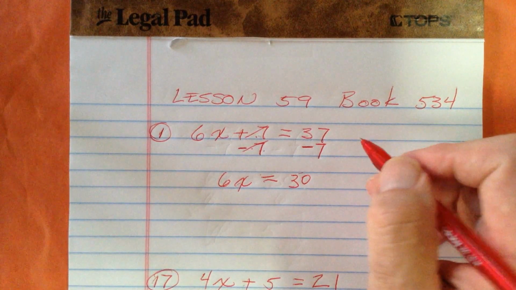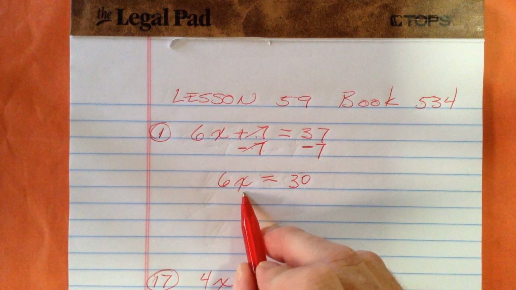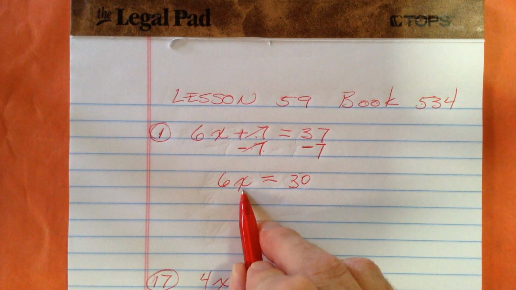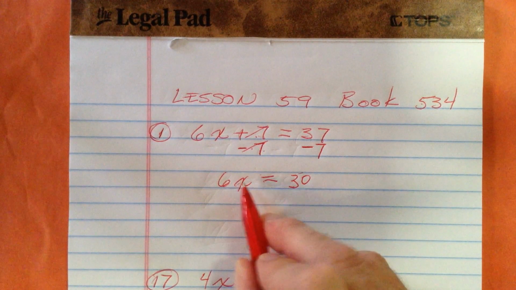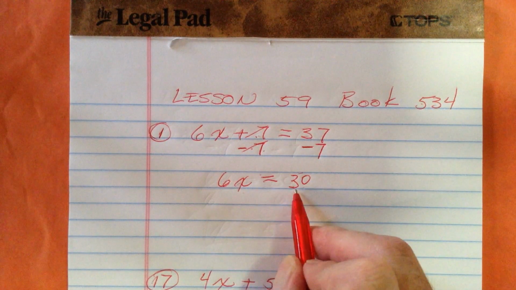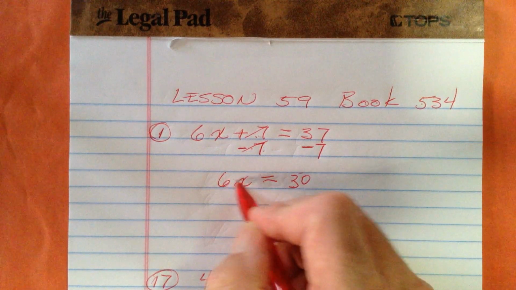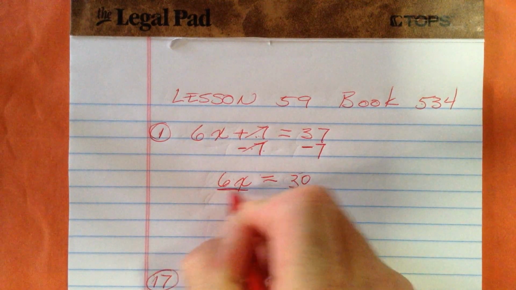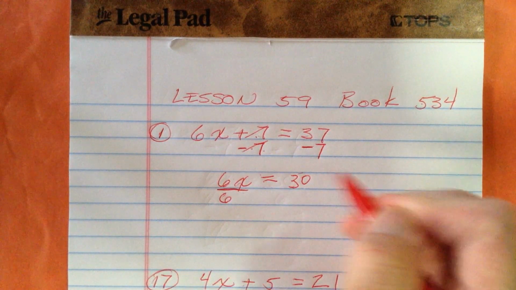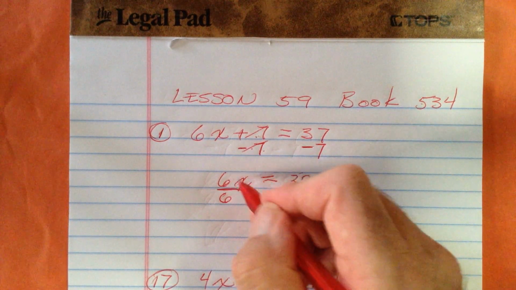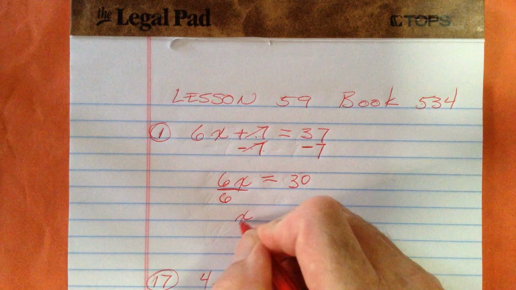Okay, so now I'm down to 6x equals 30. So 6 times something has to equal 30. And a lot of people will see, well, that's going to be 5. But for the steps, remember the opposite of multiplying is dividing. So if I divide by 6, 6 divided by 6 equals 1, so that'll be 1x, or just x.